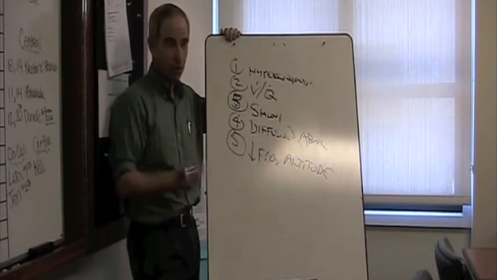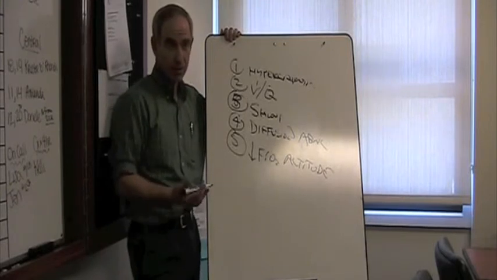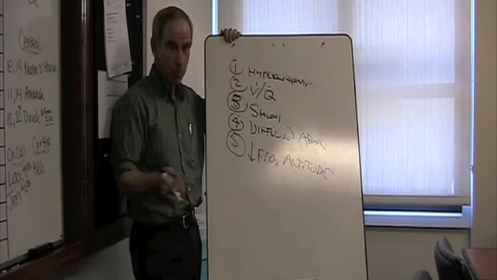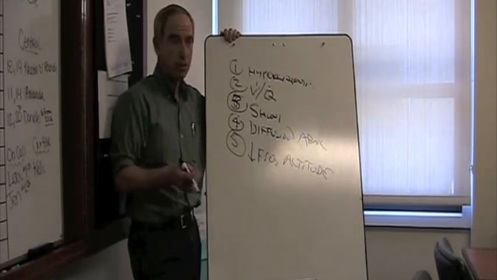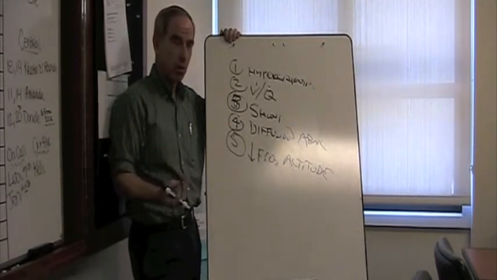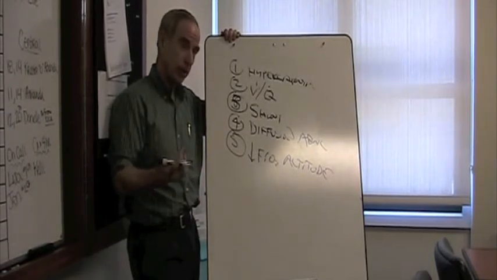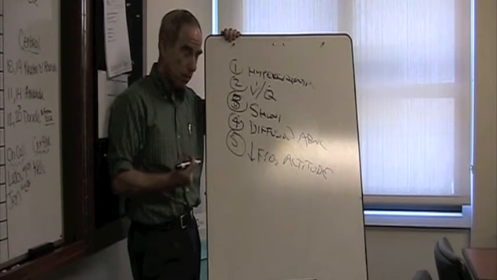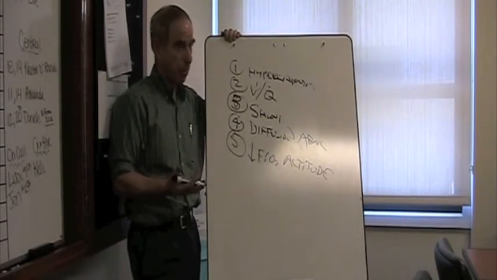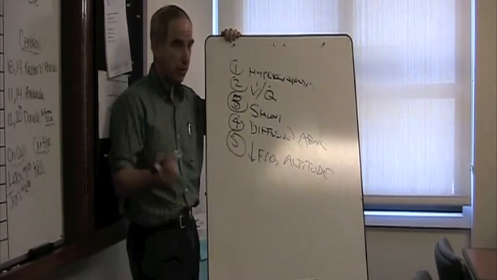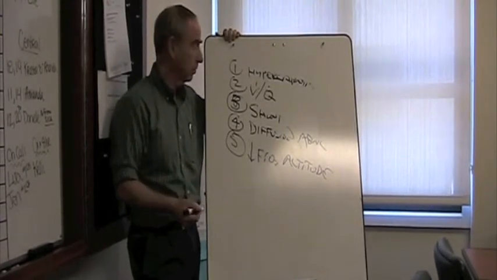If you have a massive PE, you're not going to have a normal blood gas, period. So yes, you can miss a very small PE, and you could even question how clinically significant it is, with a normal blood gas, or at least a normal AA gradient, I should say. But a large pulmonary embolism, you're not going to miss, okay? But remember, you need to do the AA gradient, not the PO2.